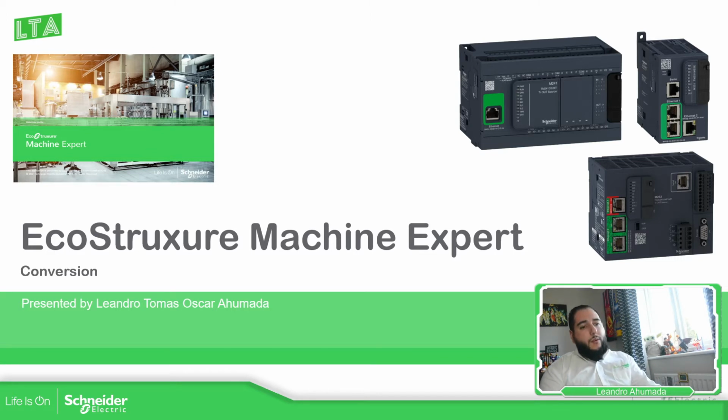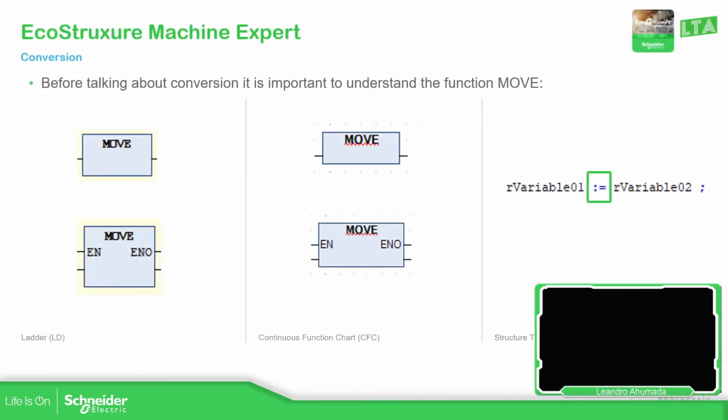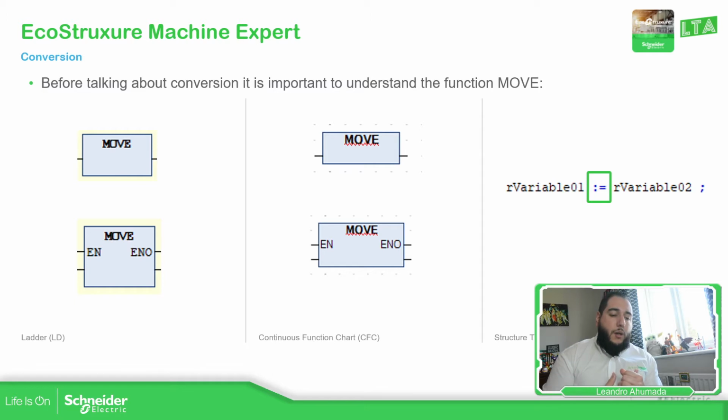Before starting with the conversion, it's important to know there is another function called move that allows us to assign the value of one variable to another variable. What is important to know is that in order to make this move, the variables that we want to assign must match the type.